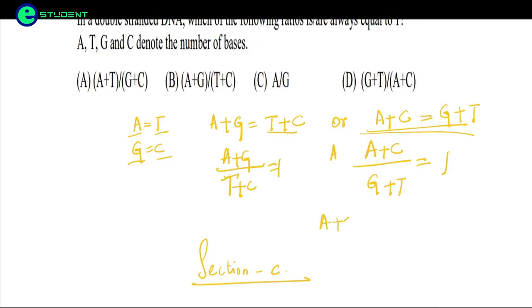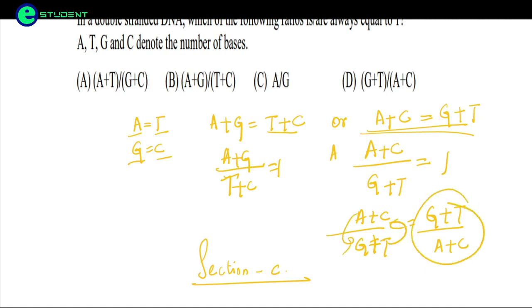A plus G, sorry, we can write it like this: A plus C by G plus T is equal to G plus T by A plus C. We are just writing this here and this here.